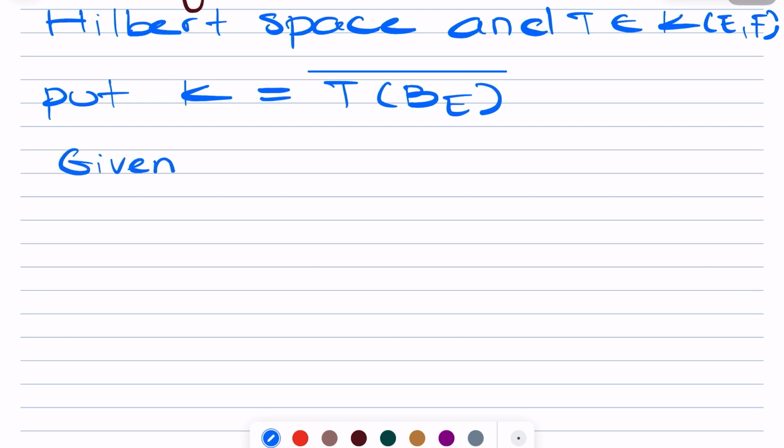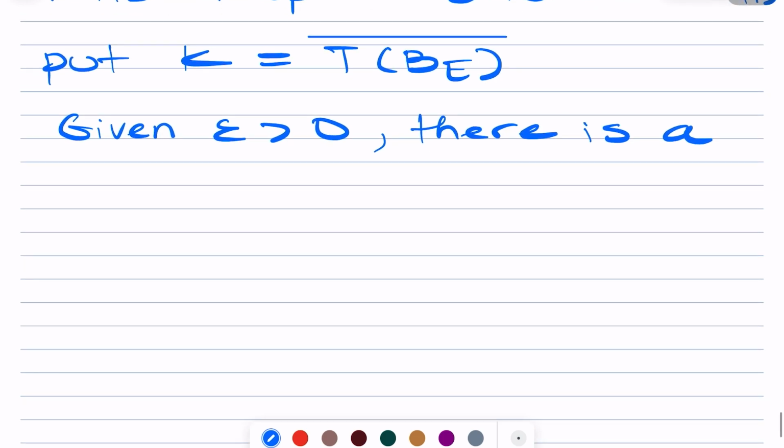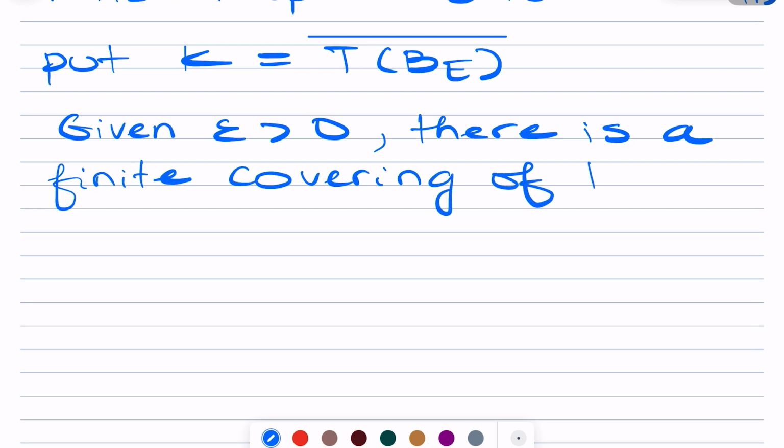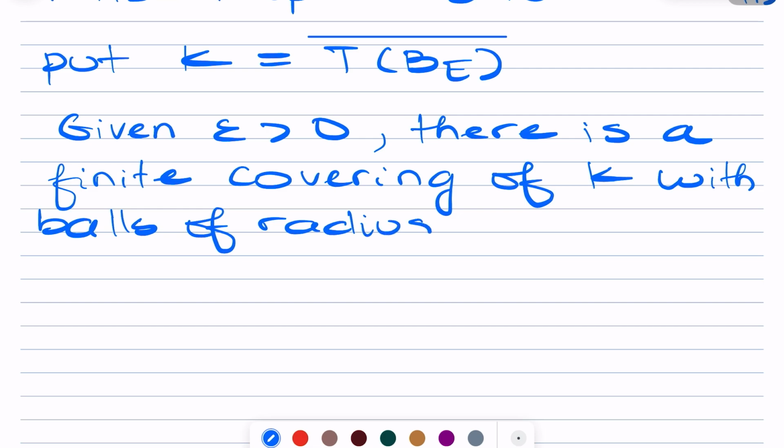Now, given epsilon positive, because K is compact, there is a finite covering of K with balls of radius epsilon.